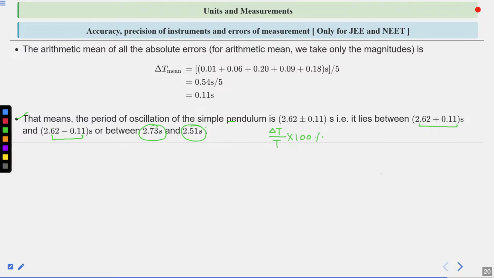Using this formula you will get the percentage error. Please solve. What is the value of delta t? What is the value of t? Multiply it with 100 and you will get the percentage error.